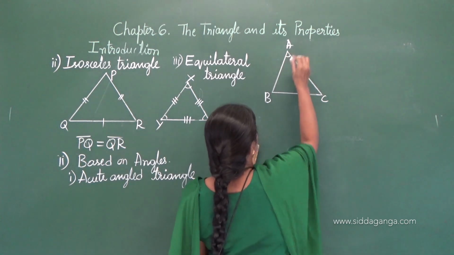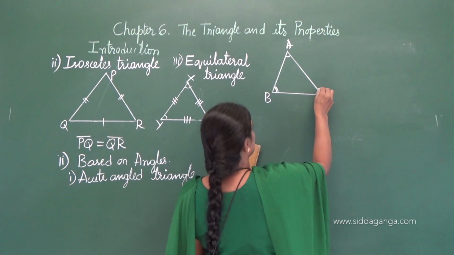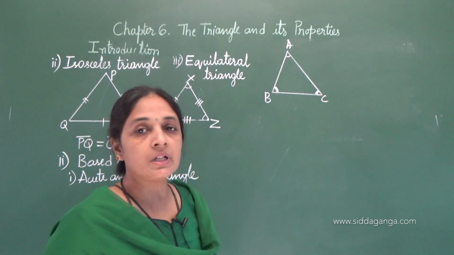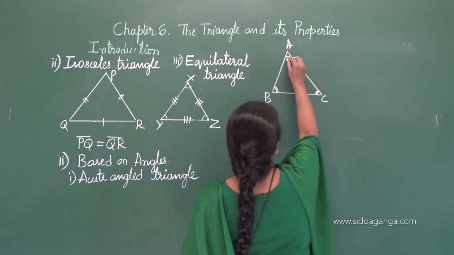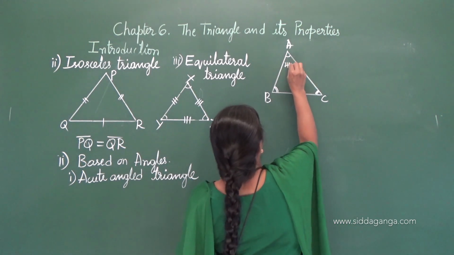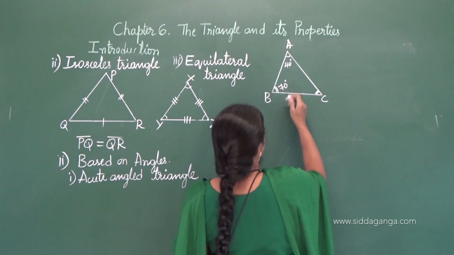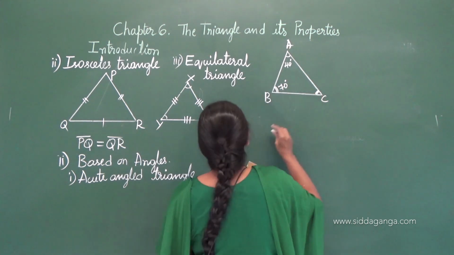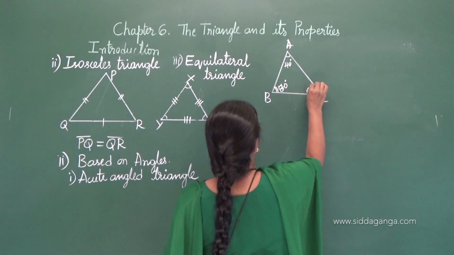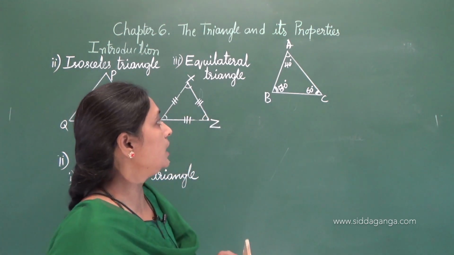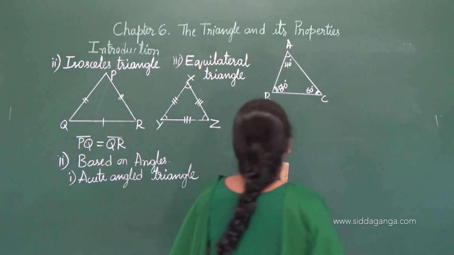Then we can mark 1, 2 and 3, taking symbols to represent the angles like this. Consider it is 40 degrees, then this as 80 degrees, then it will be 60 degrees, 40 degrees, 80 degrees and 60 degrees. All three angles are less than 90 degrees.